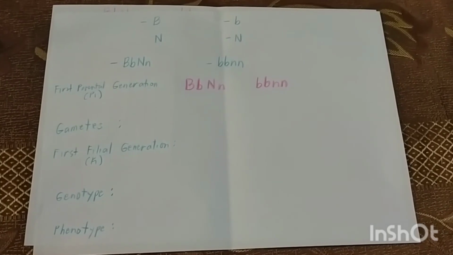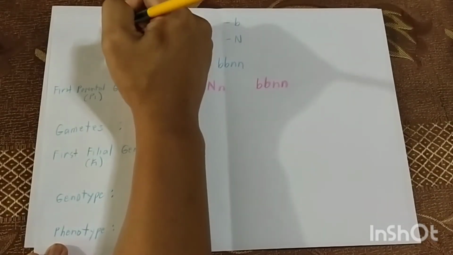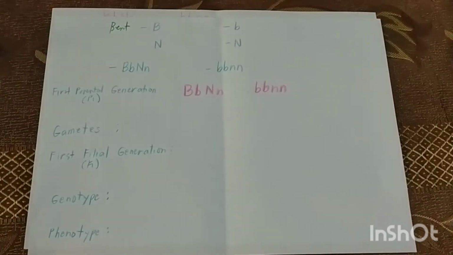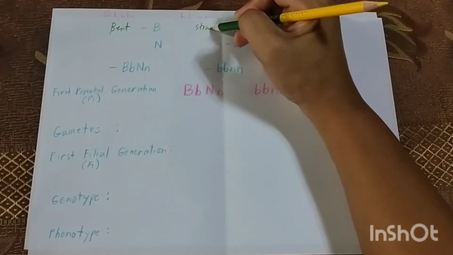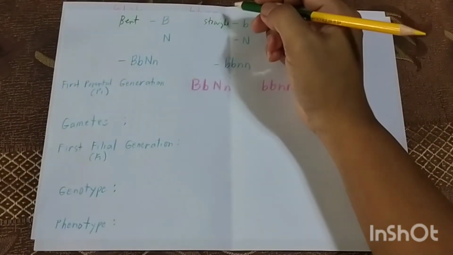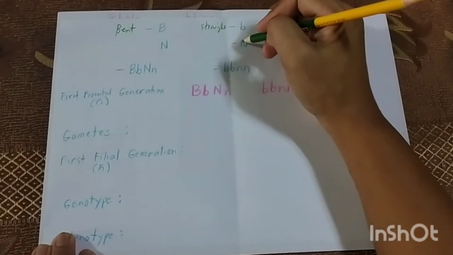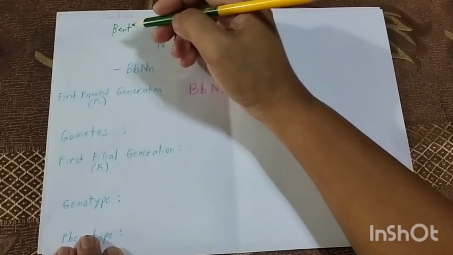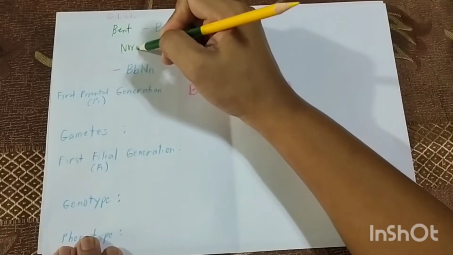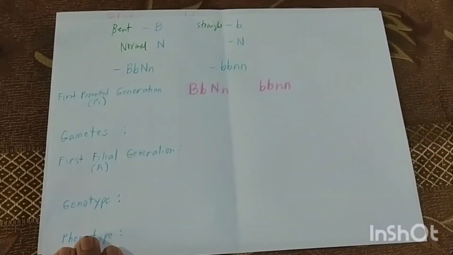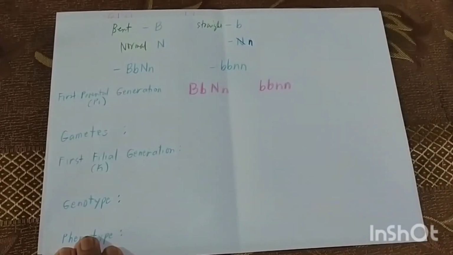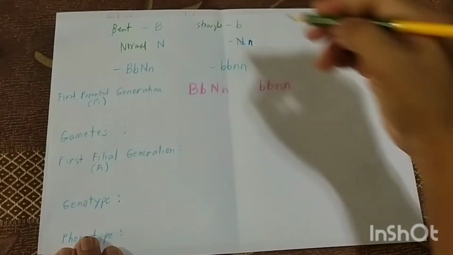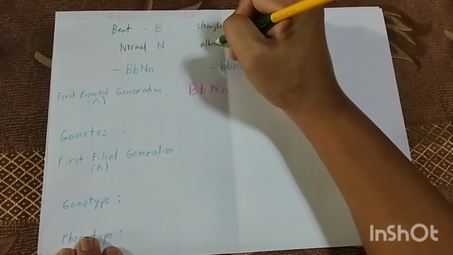So capital letter B is for bent little finger, while small letter b is for straight little finger. Capital letter N is for normal skin, and small letter n for albinism.